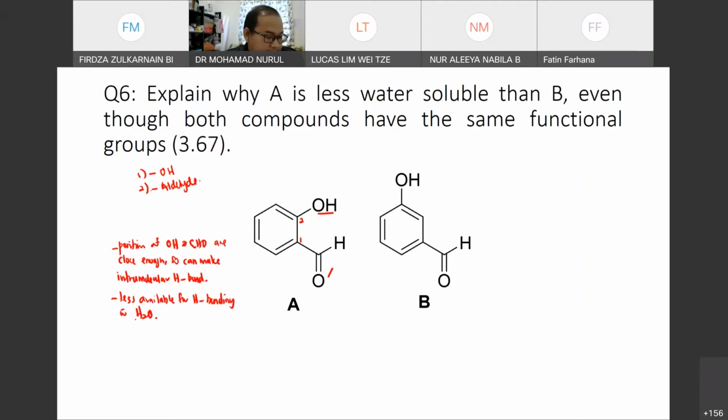That's why A is less water soluble. If we try to draw the structure, it becomes like this.